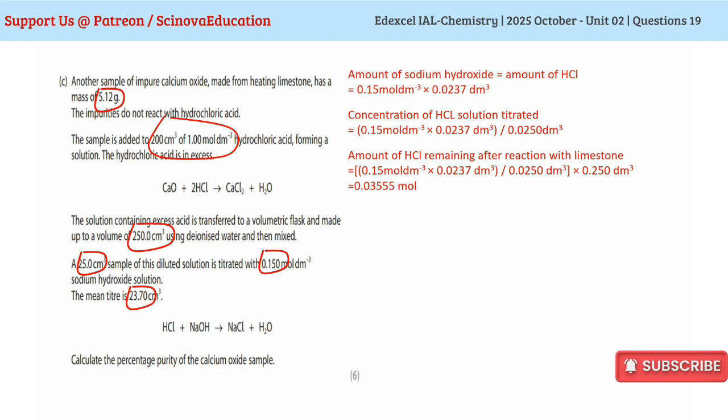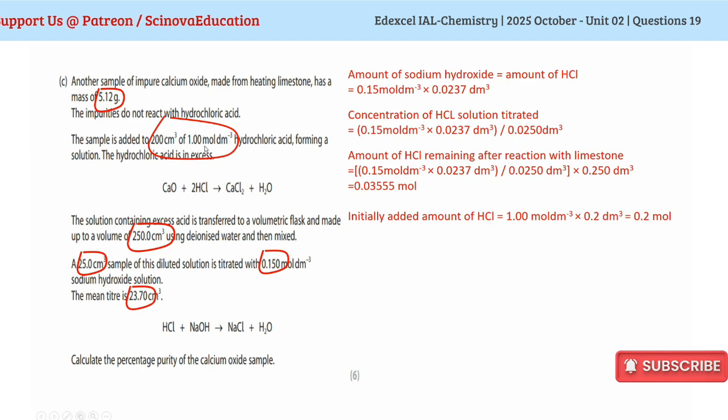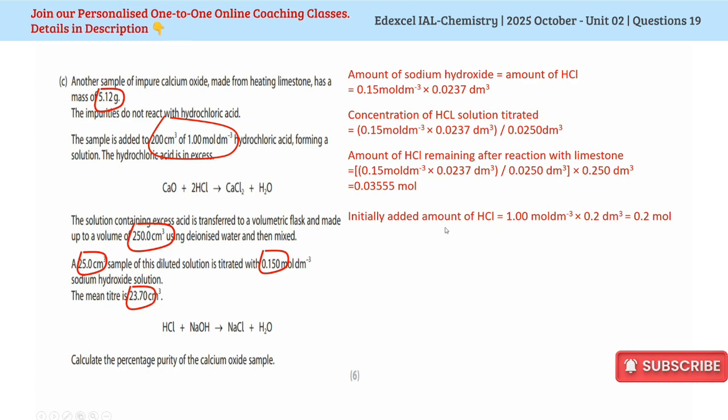Then we can calculate how much HCl we have added. The amount of HCl that we have added can be calculated using this piece of data. 200 cubic centimeters of 1 M hydrochloric acid is added. So the amount of initially added HCl is equal to 1 into 0.2 moles, that is equal to 0.2 moles.